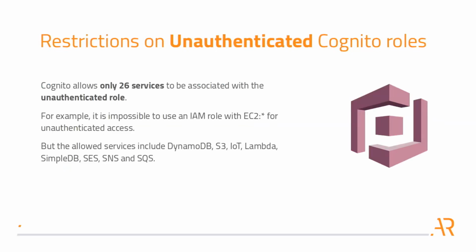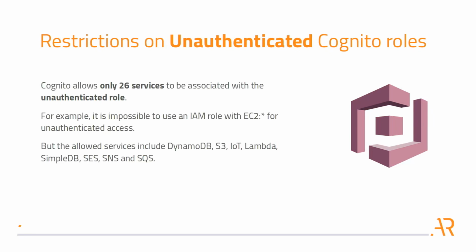Something else is that, and this is kind of okay, there are some restrictions to the permissions that a developer can assign to an unauthenticated role. So a developer can assign permissions for that unauthenticated role in Cognito with only 26 services. That's why IAM doesn't work.